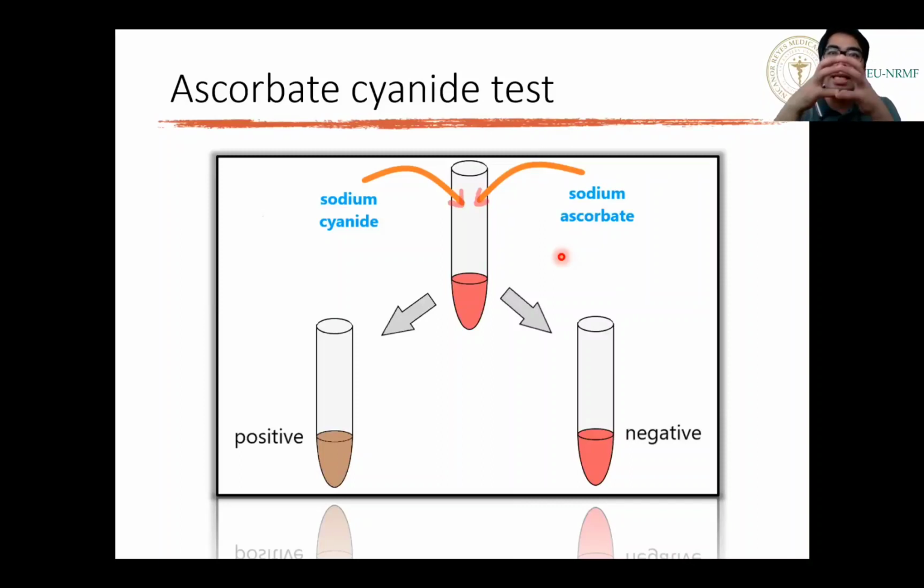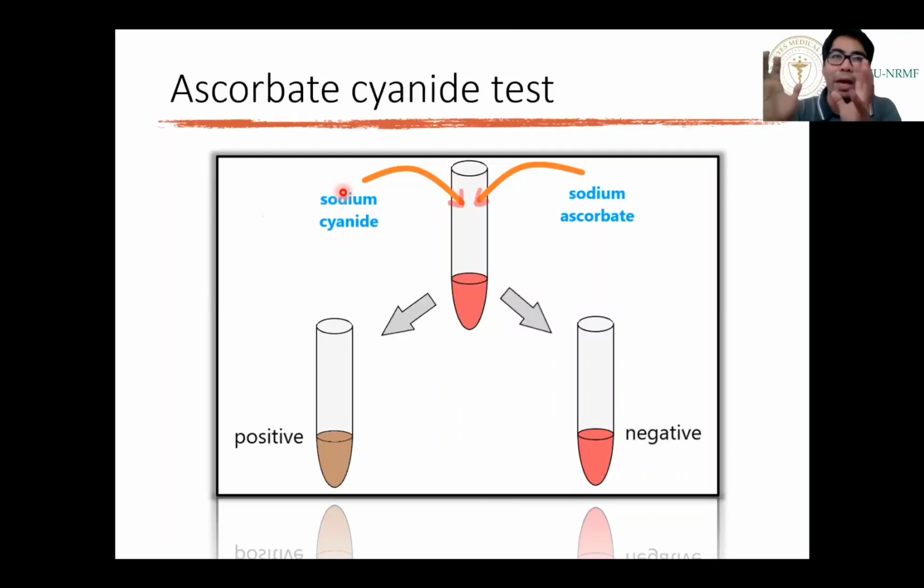But what we are testing here is the hexose monophosphate pathway, not the catalase. So to be specific for the hexose monophosphate pathway, the ascorbate cyanide test has sodium cyanide added. What is the action of the sodium cyanide? Sodium cyanide shuts down the catalase activity, allowing only the hexose monophosphate pathway to transform hydrogen peroxide into non-toxic substances such as water and oxygen. That's why if brown forms, it is positive for the ascorbate cyanide test, meaning you don't have enough reduced glutathione, so you have a defective hexose monophosphate pathway.